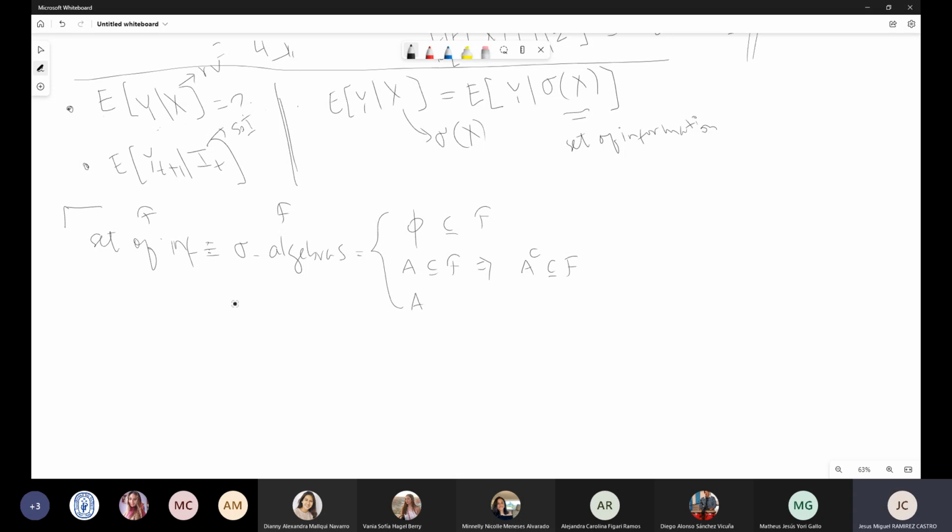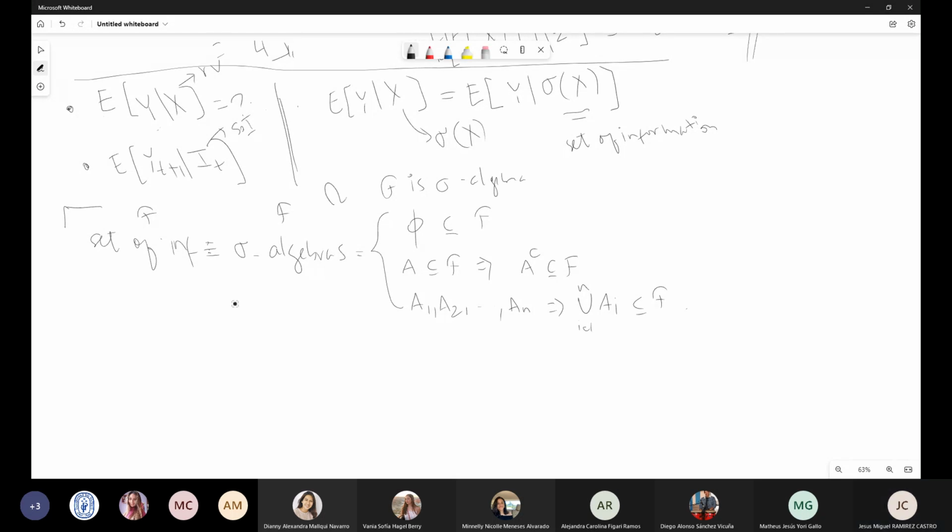Y si hay una secuencia numerable, entonces la unión también está incluida. ¿Ya? Ese es una sigma álgebra, o sea, una estructura F es sigma álgebra.